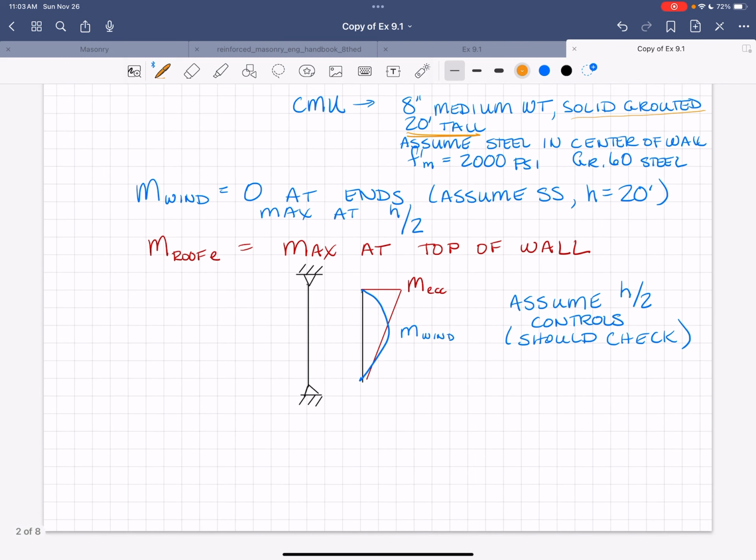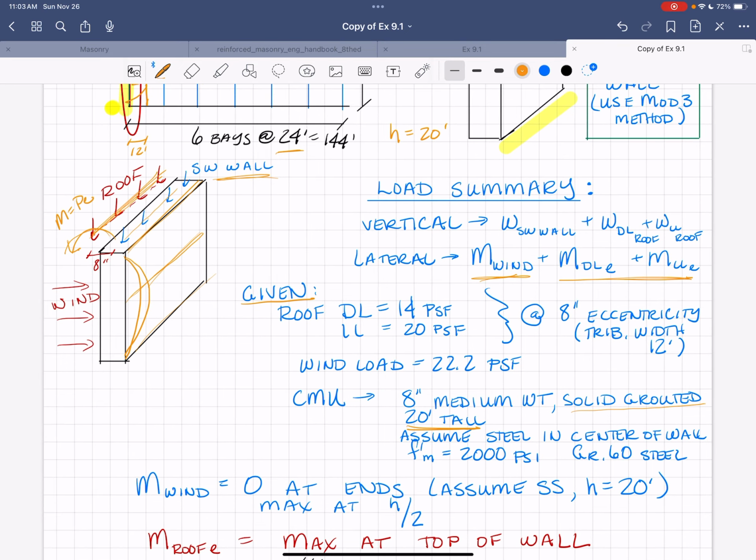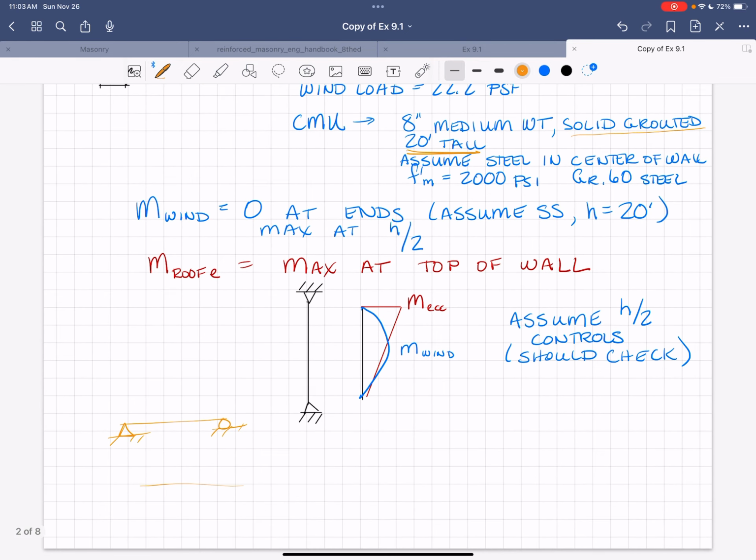First of all, let's figure out where along the length of the wall, if we assume top and bottom simply supported, or you can think of it on its side as simply supported if that's easier for you to think of the moment diagrams. At the top, we've got the wind moment and the roof moment. The roof eccentricity piece is going to end up as a concentrated moment, and I may have flipped these, it doesn't matter which side, the shapes are the same.